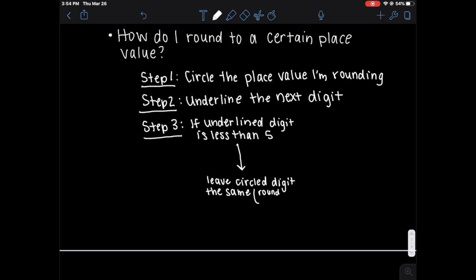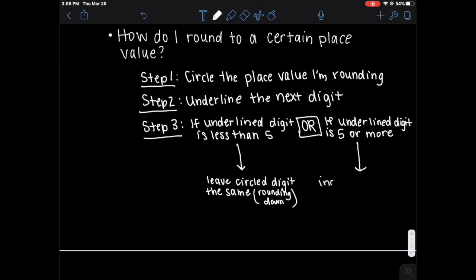We call this rounding down. Or if our underlined digit is 5 or more, then we increase the circled digit by 1. And this is called rounding up.